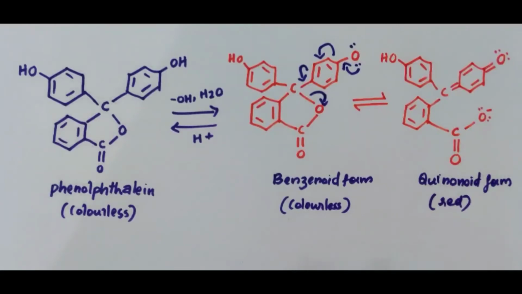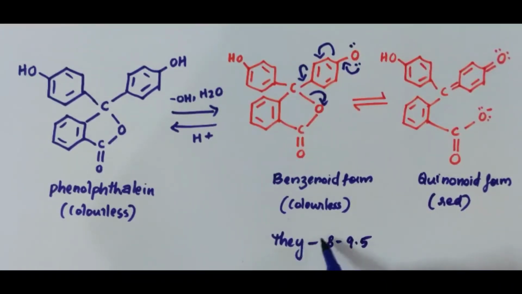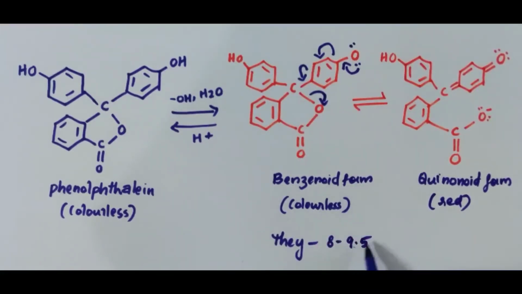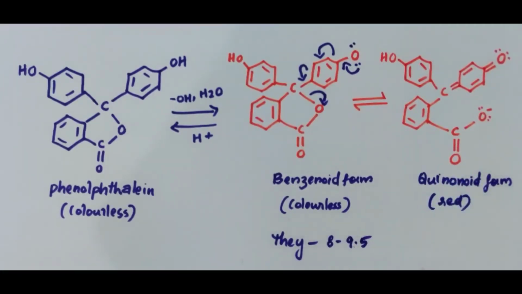Phenolphthalein changes color in the pH range 8 to 9.5. Below pH 8, it exists in the colorless benzenoid form, and above 9.5, it exists in the red quinoid form.